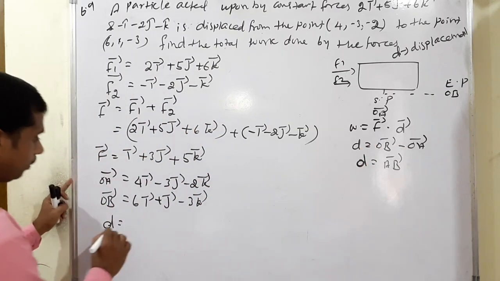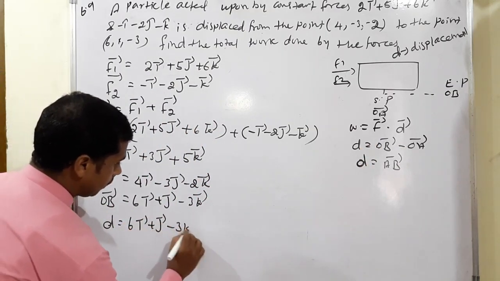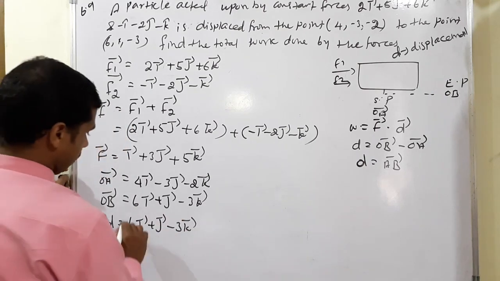OB is equal to 6i cap plus j cap minus 3k vector.